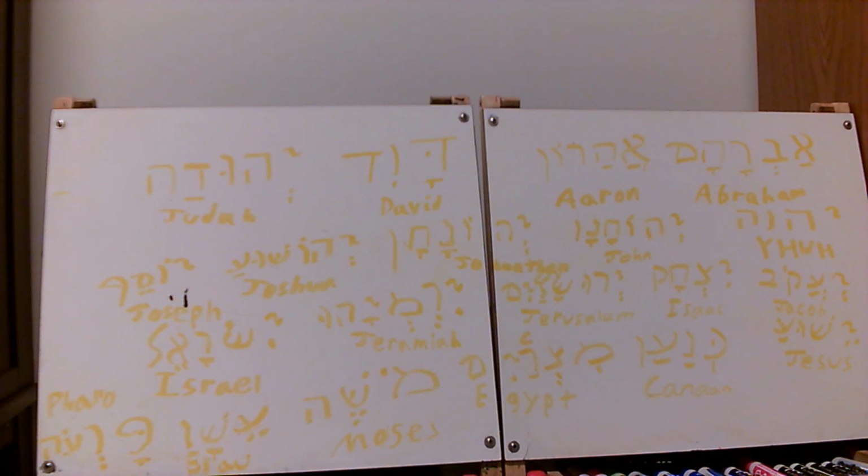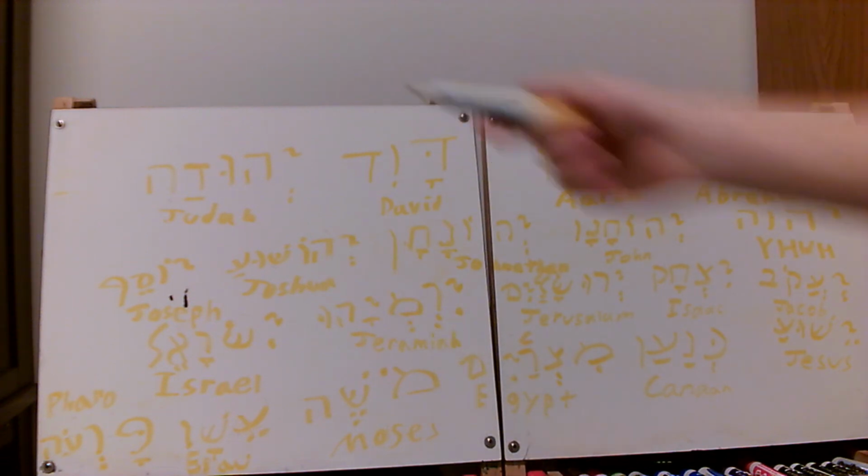The vav became a v because in Greek it was delta, alpha, epsilon, iota, delta, which is pronounced David, but epsilon is like the form of vav in Greek, but it's pronounced David, so that's why. Yehuda is Judah.